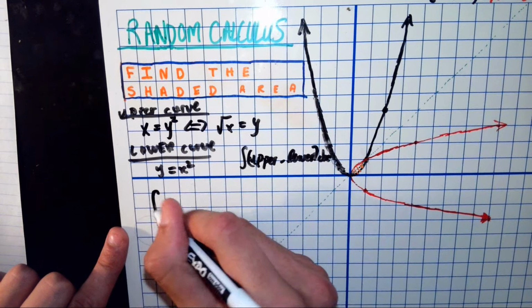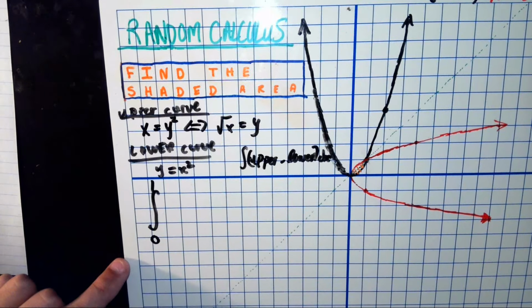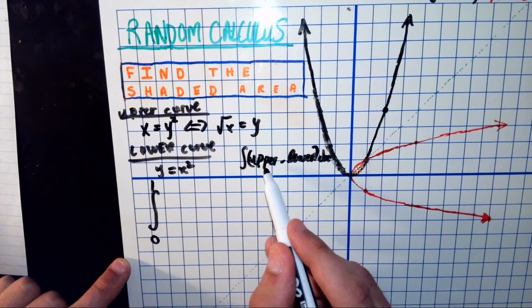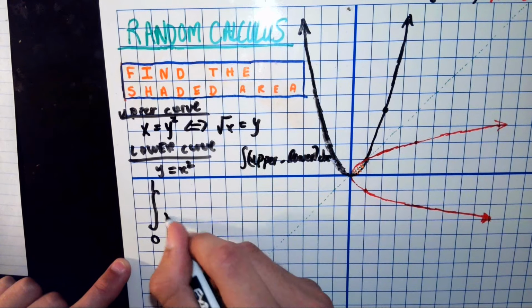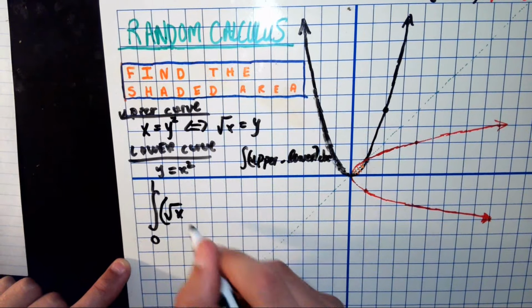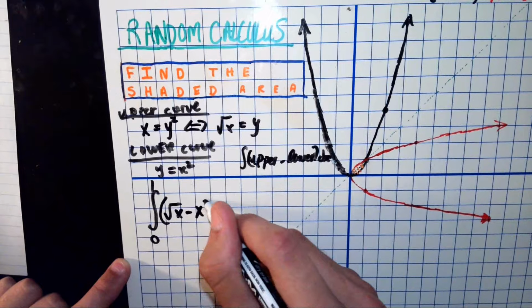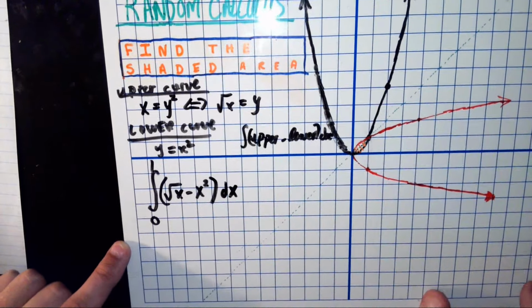So this is the integral from 0 to 1 of, and then the integrand will be upper minus lower. So the upper curve again was the square root of x minus the lower curve, which is x squared dx. Awesome.